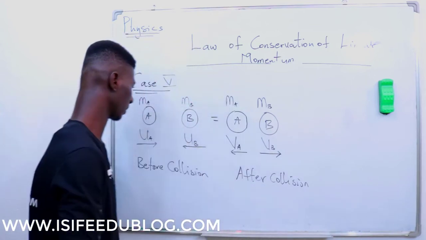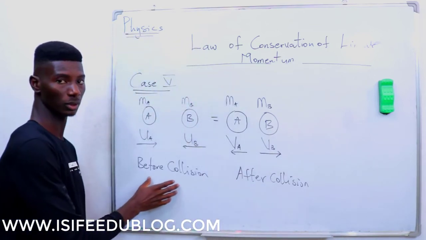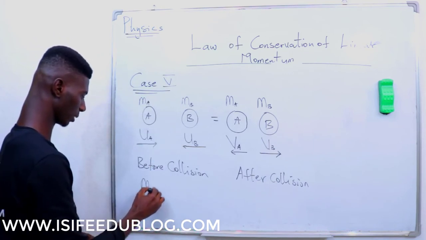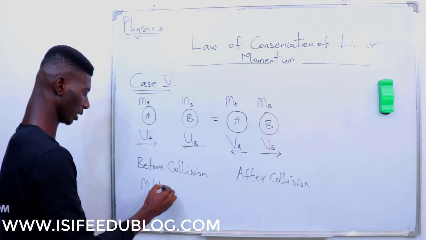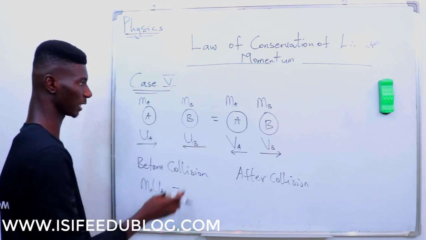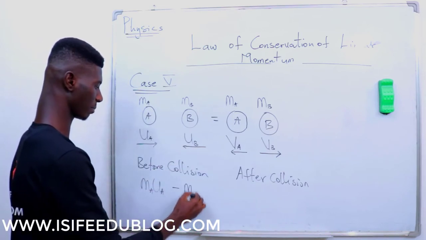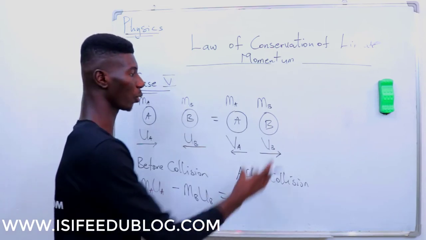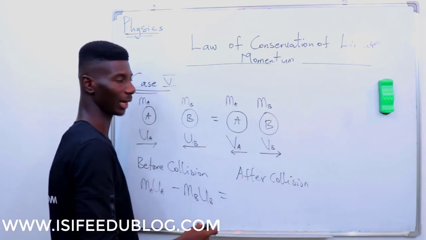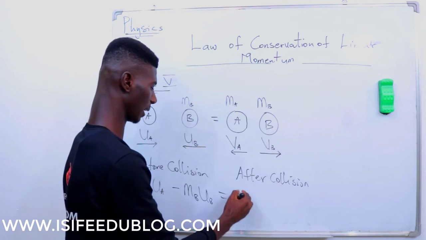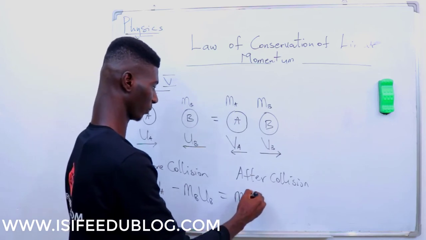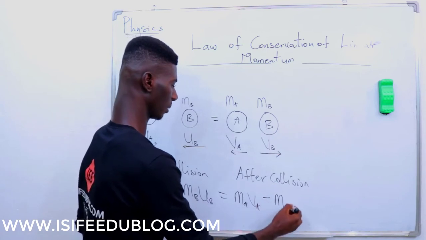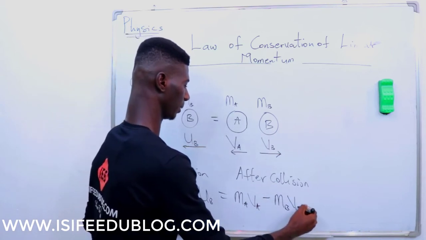So in that case now, the total momentum before collision is MA UA minus, since it is different direction, minus MB UB. And that will be equal to the total momentum after the collision, which is MA VA minus MB VB.